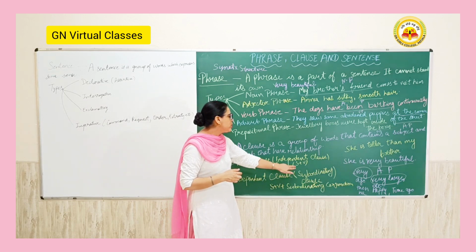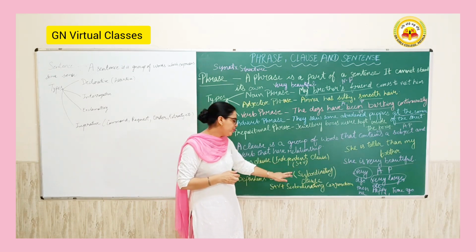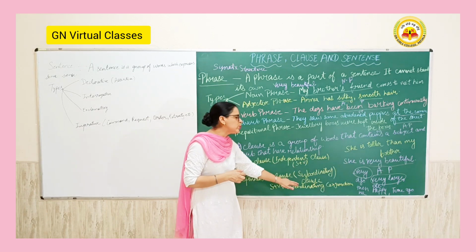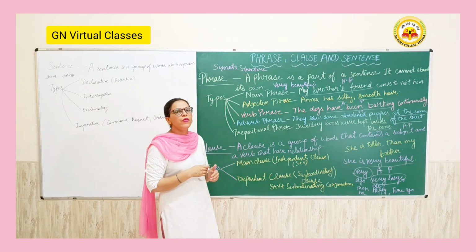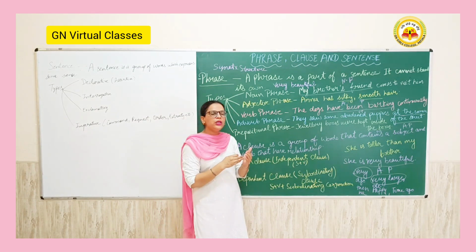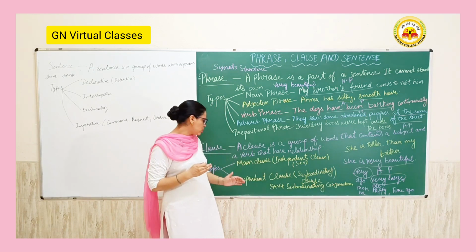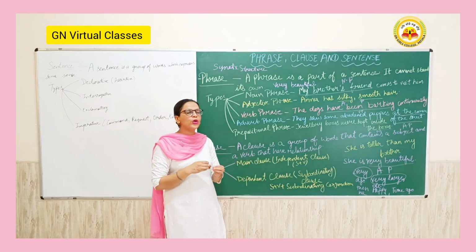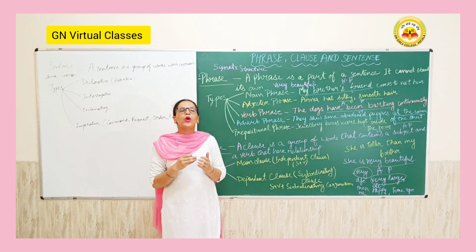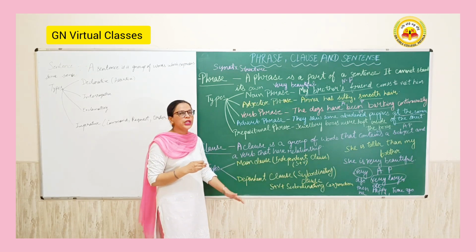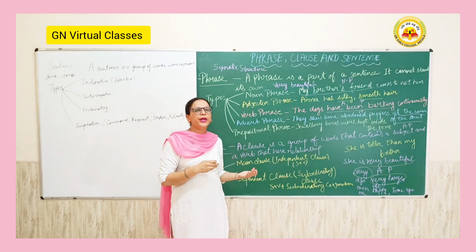So an independent clause has only subject and verb, and a dependent clause has subject plus verb plus subordinating conjunction. When you add a subordinating conjunction to subject plus verb, then this is called a dependent clause. The main clause is independent because it stands on its own, but the dependent clause is dependent on the independent clause.